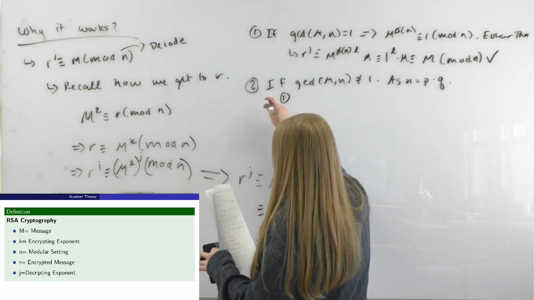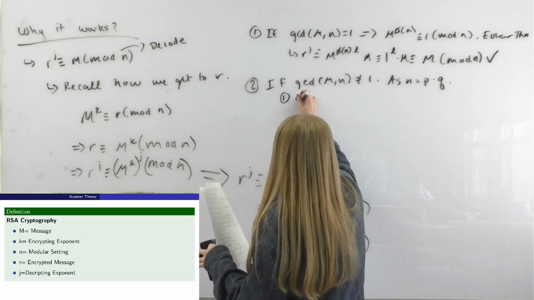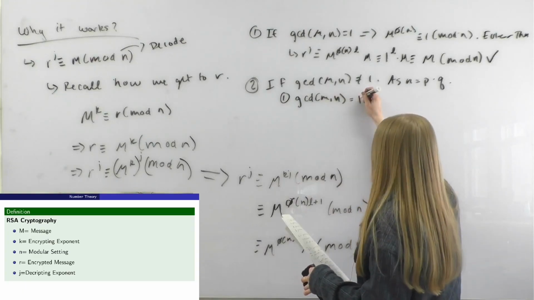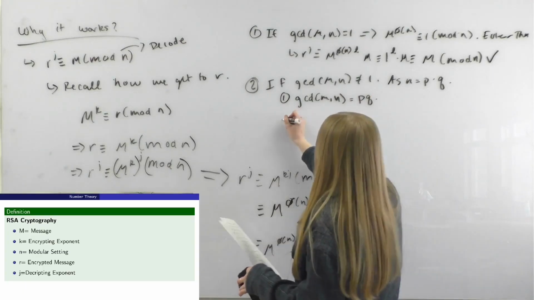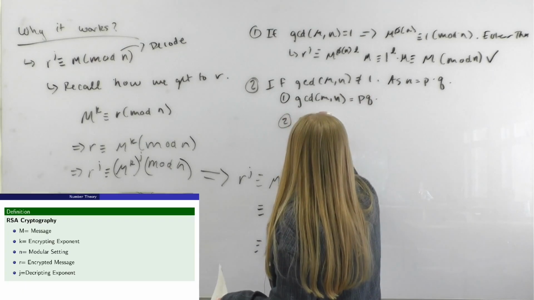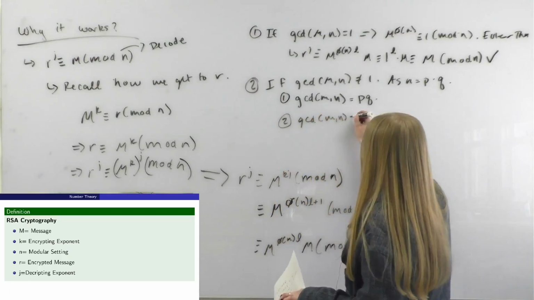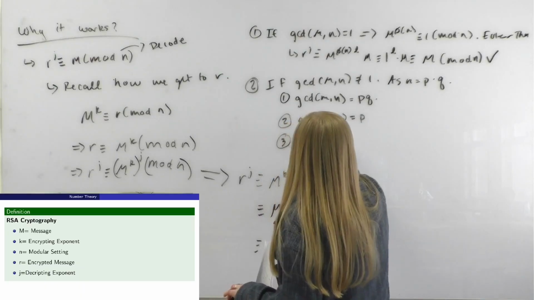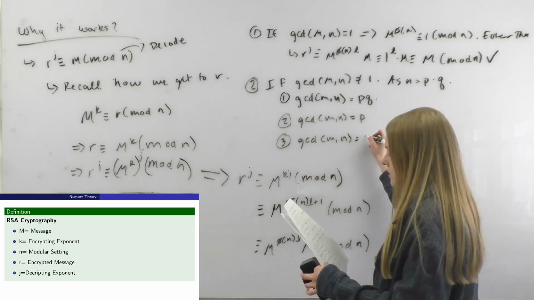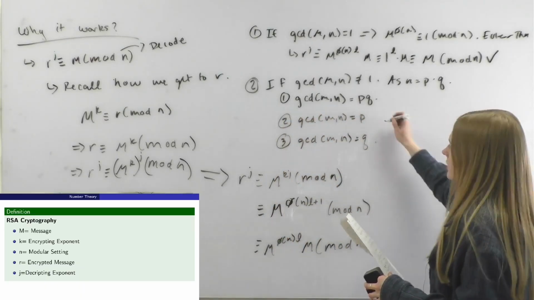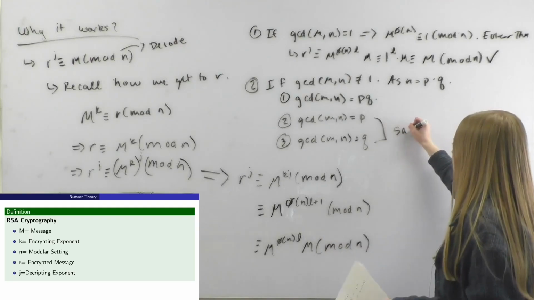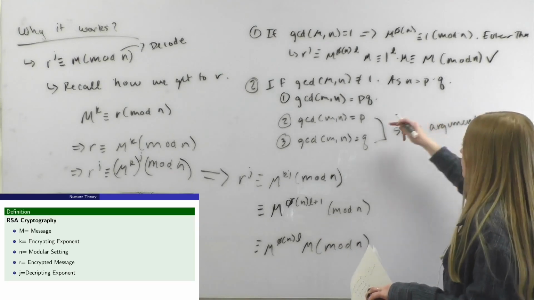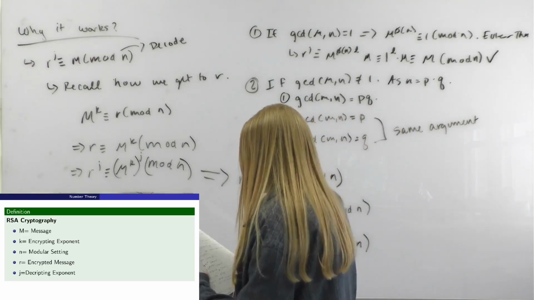So the first case of case 2 is that the GCD of m and n is in fact just pq. Another case is that the GCD of m and n is just p. And then lastly, the GCD of m and n is just q. These will have the same argument, as they're both primes.